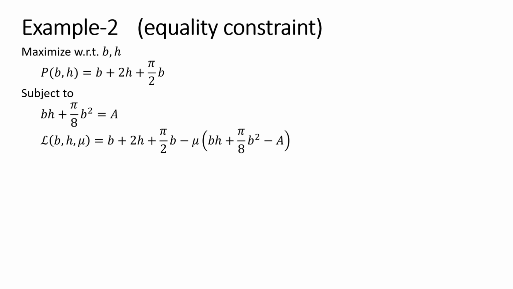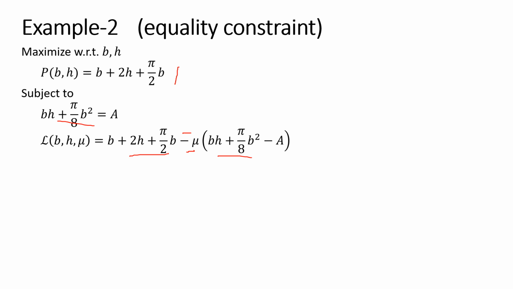The Lagrangian is L(b, h, mu) equals b plus twice h plus pi over 2 b minus mu times the area bh plus pi over 8 b squared minus a. Now I chose a negative sign just for convenience.